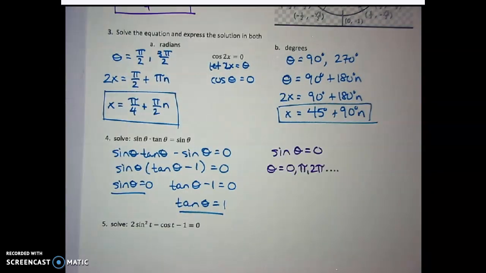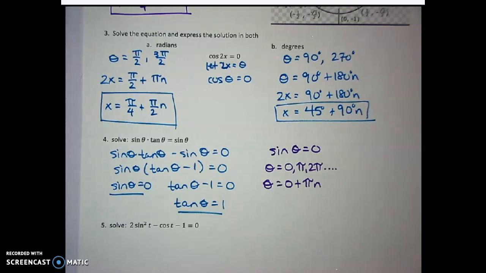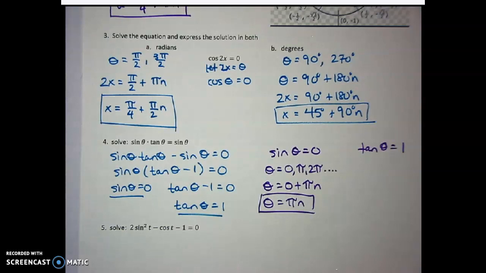So to begin with, remember that the sine of theta equals 0 at 0 and pi and 2 pi, which are all an even pi away from each other, so we could just simplify that for our general answer as 0 plus pi n, but 0 plus pi n is just pi n. Then the second one we have to look at our unit circle for is when is the tangent of theta equal 1? Remember the tangent is sine over cosine.